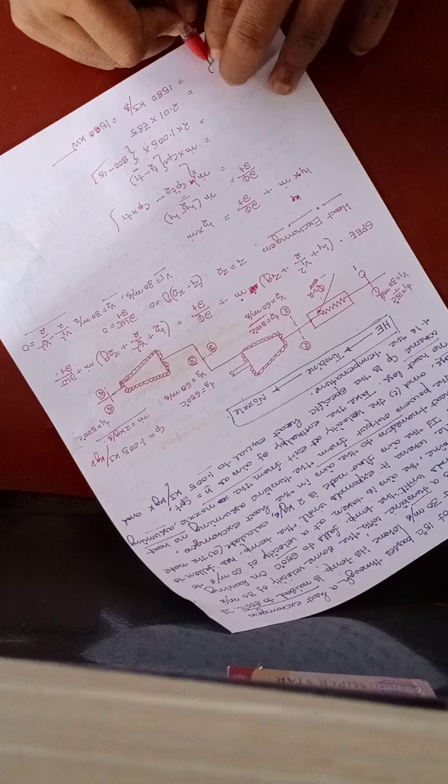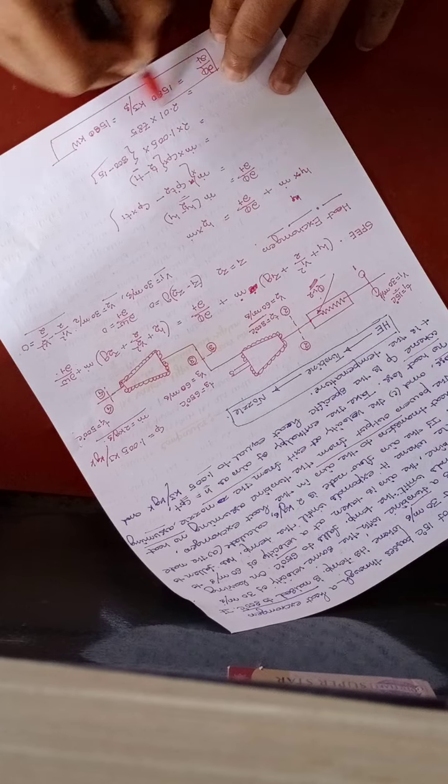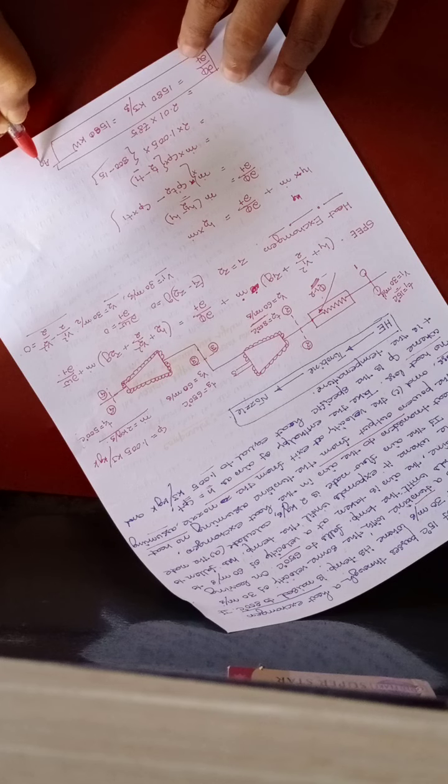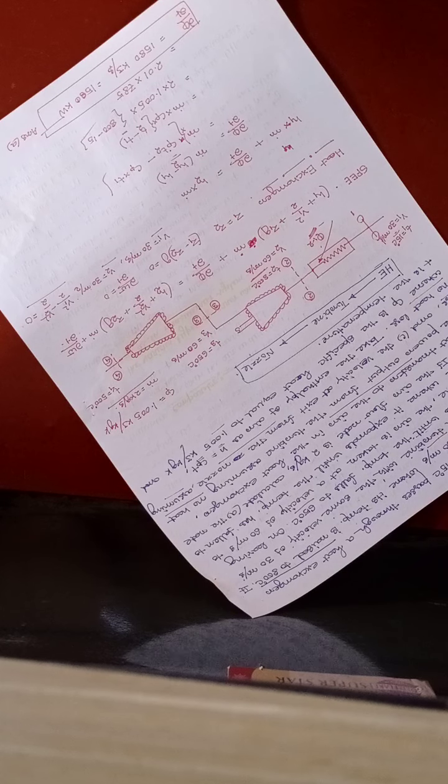Okay, so this is your del Q by del T. So the first portion is complete. Answer A has been completed: 1580 kilowatt, right? Okay, so the first portion is solved.